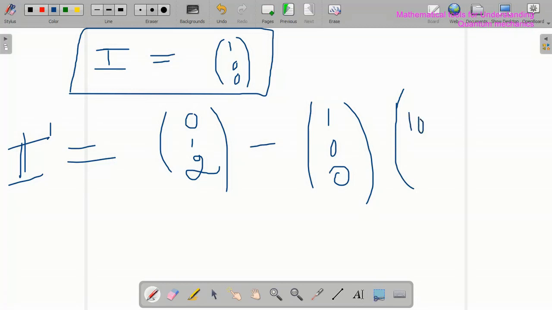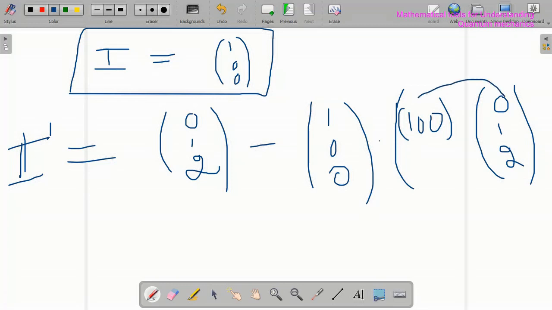So 1, 0, 0 with 0, 1, 2: 1 times 0 plus 0 plus 0, so it is 0.